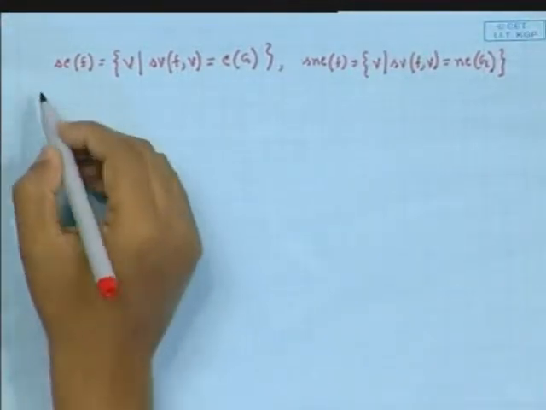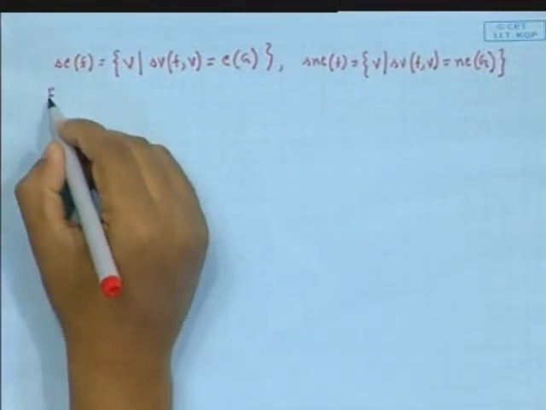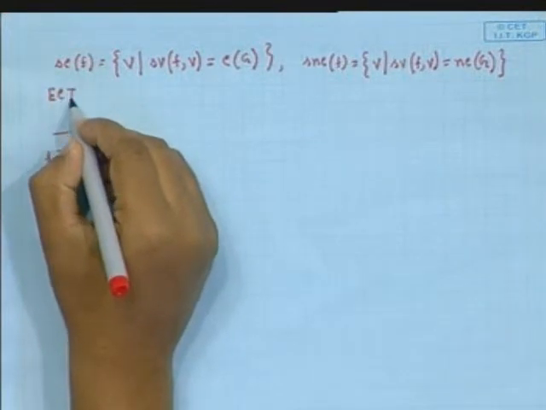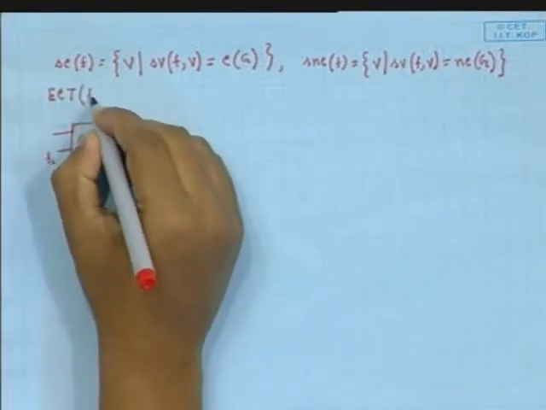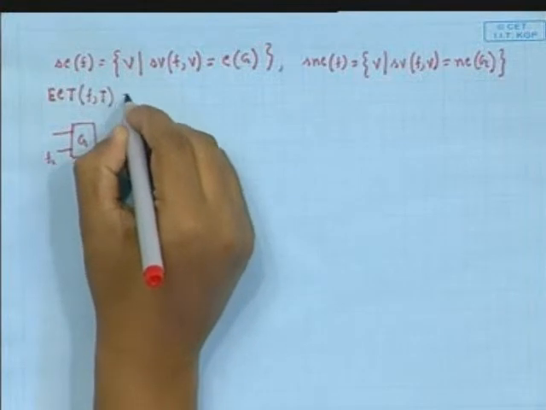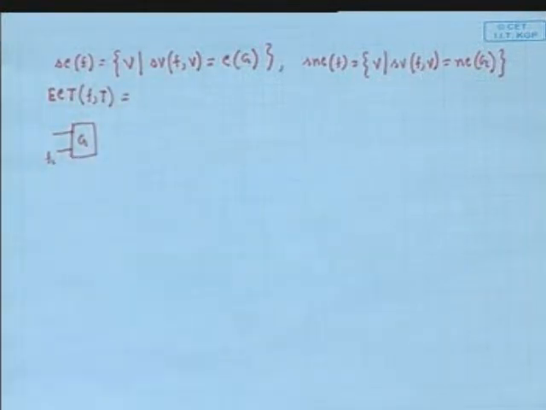Now I will define the earliest controlling time, whatever you say. This tells the set of vectors for which node F can stabilize at earliest at time t. So that means it can at most stabilize at t or later.